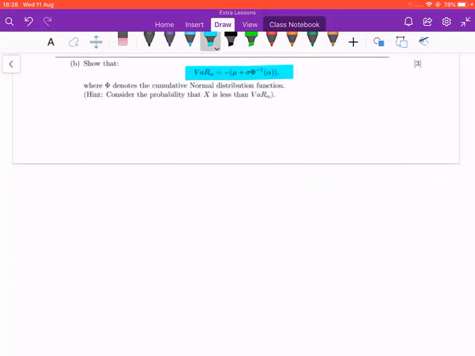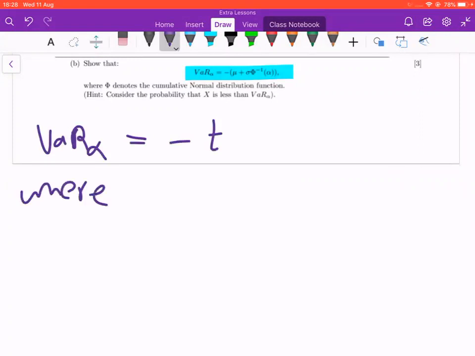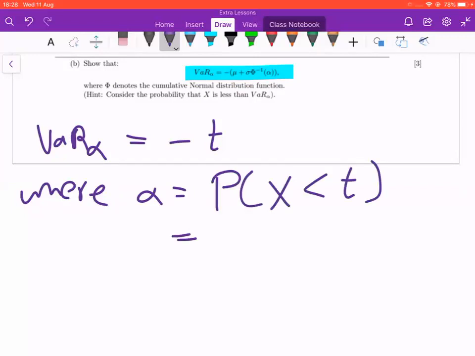To show that this is the case, this is what you are going to do. We already said that VaR is going to be the value of negative t, where the probability that x is less than t. So how do we find this?